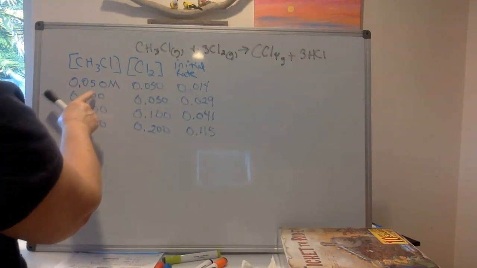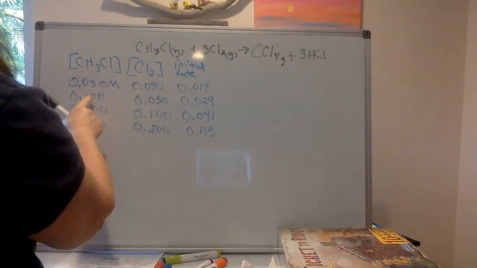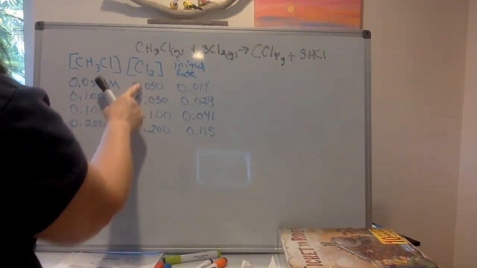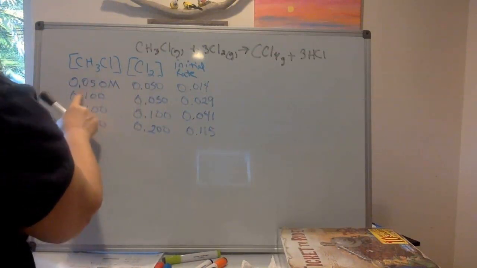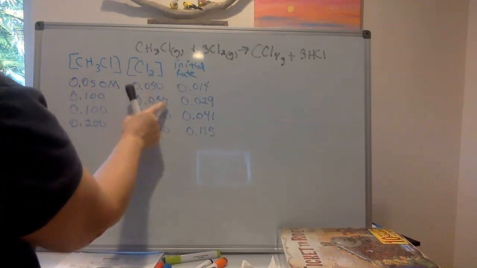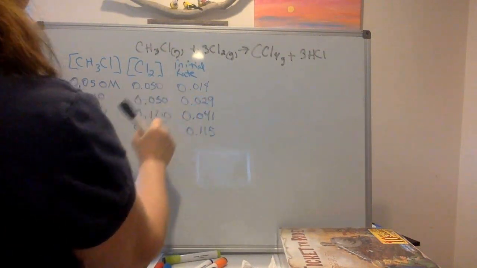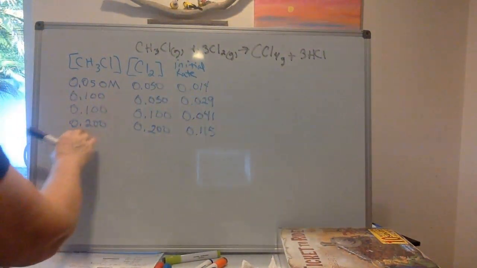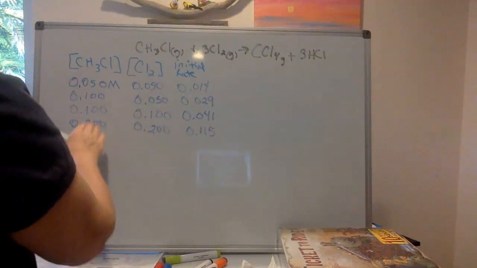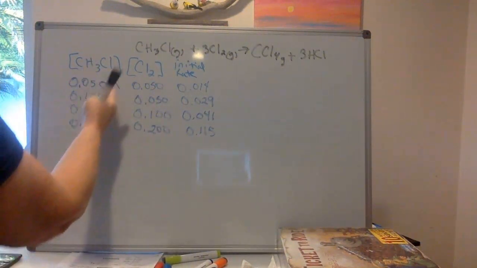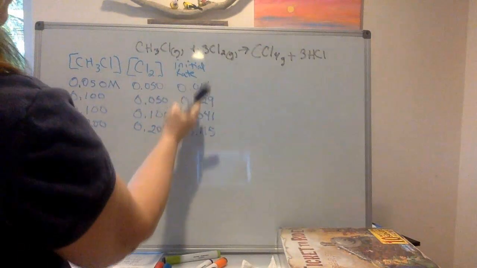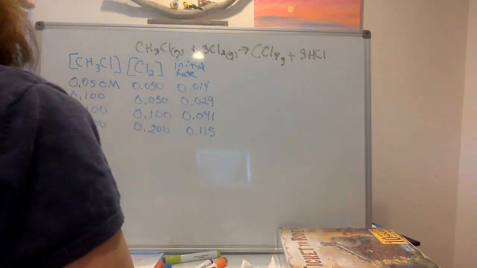And then in this next one, we doubled this one and kept this the same. So we wanted to see how this works, and this works a little bit less than a double. So that's going to be something we're going to have to calculate. And then we plug it into the last one, where it's 4 times as much as the original. So it should be 4 times as much as the initial rate.